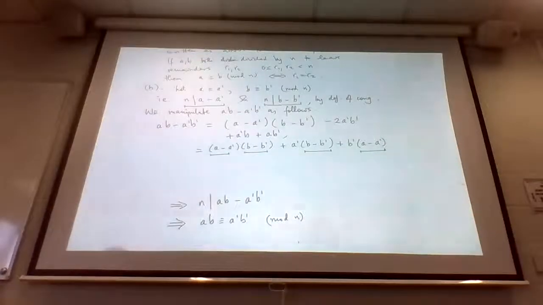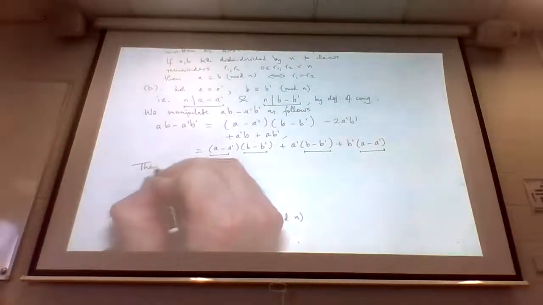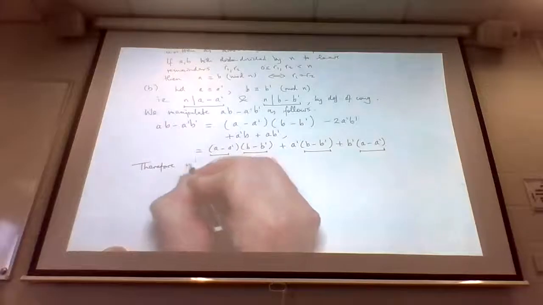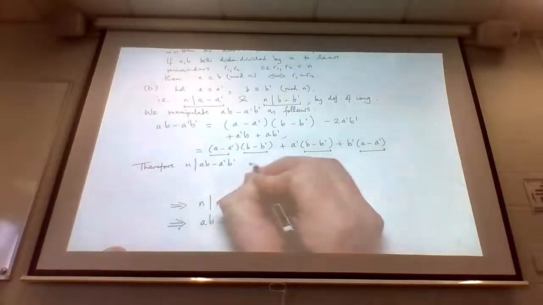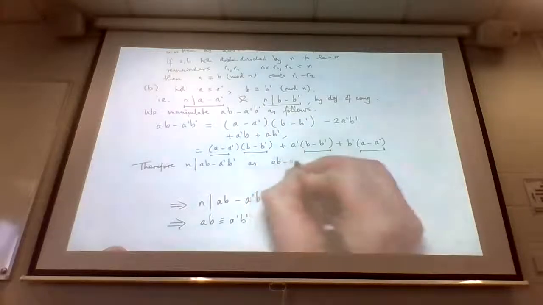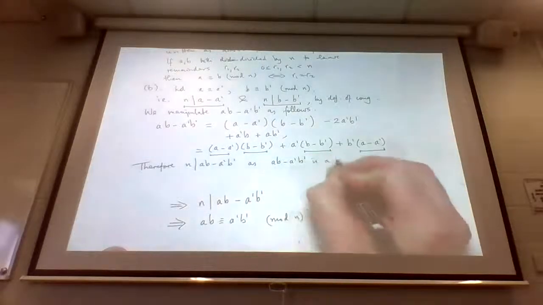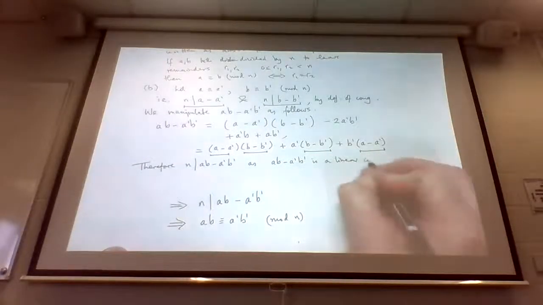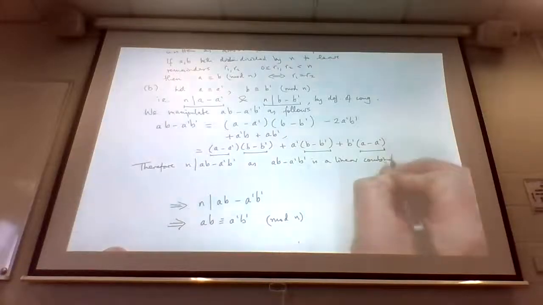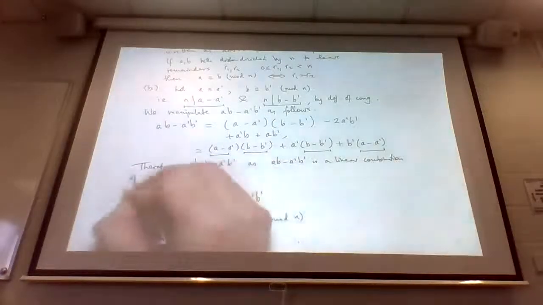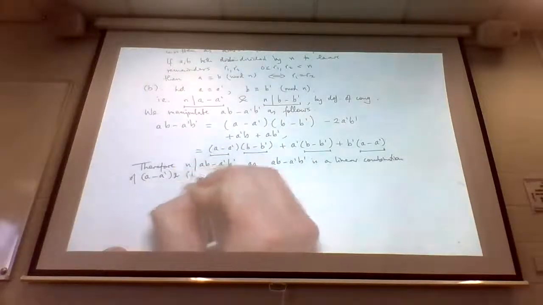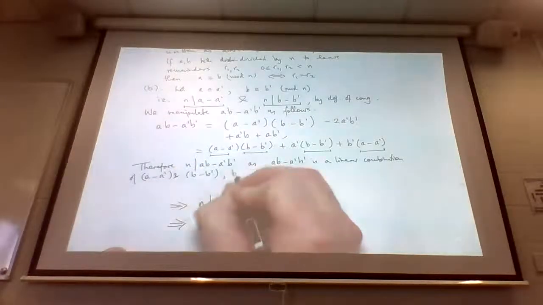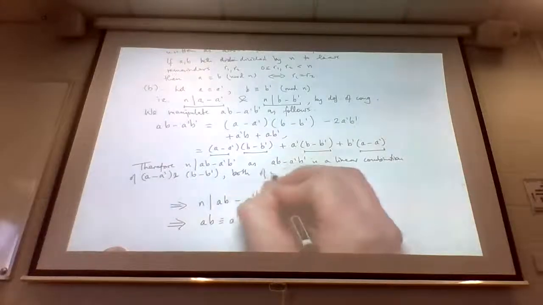Okay? So therefore, I can say n divides ab minus a prime b prime, as ab minus a prime b prime is a linear combination of a minus a prime, b minus b prime, both of which are divisible by n.